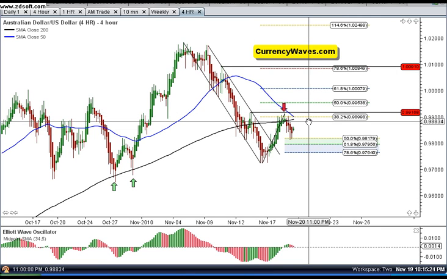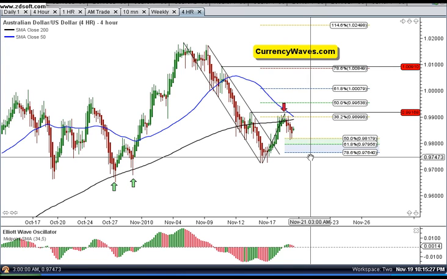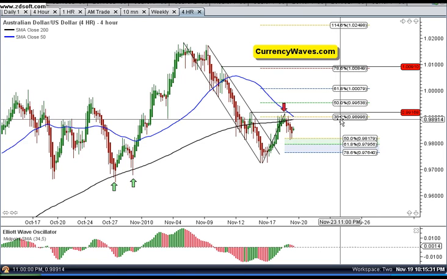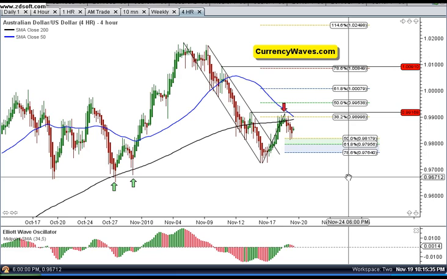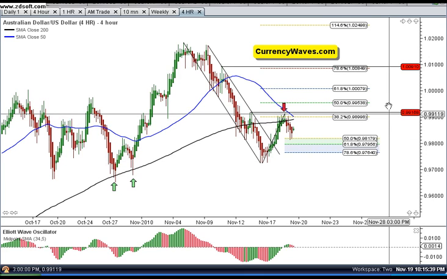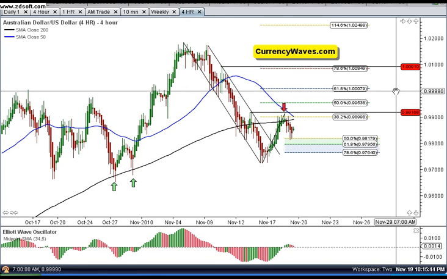If the pair continues to bounce in between the low and this 38.2, it could consolidate here before the next move down. Otherwise, I would look for some resistance at the 50 and the 61.8, right at parity again.